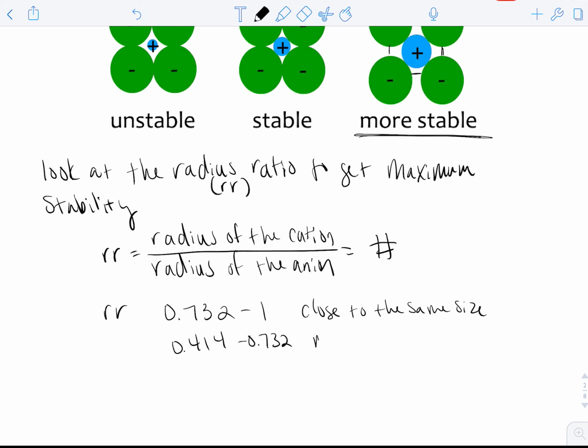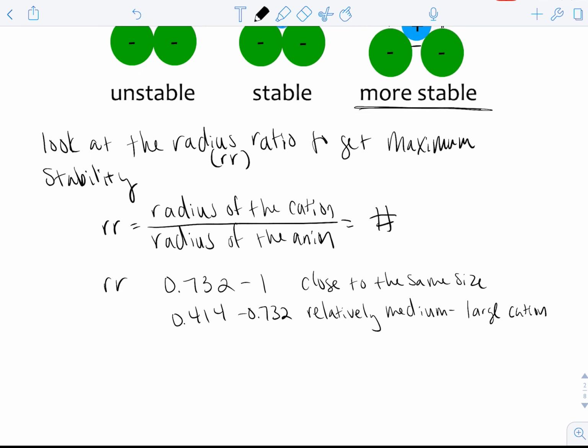This is a medium, or I'm actually going to say relatively medium to large cation. And by relatively, I mean relative to the anion. And then lastly, 0.225 to 0.414. That's going to be a relatively small cation.